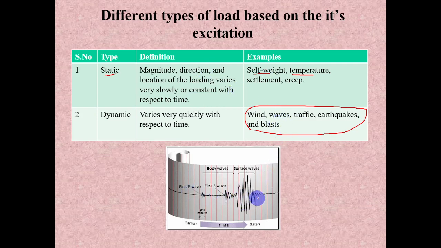Here, what we are seeing is a seismograph. This is one example. Visually, we can see the variation. This is the time, and this is the amplitude. Here it is constant, and suddenly it is going up and down.